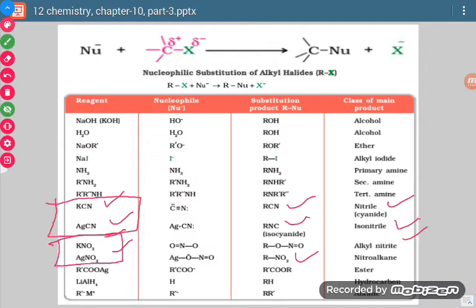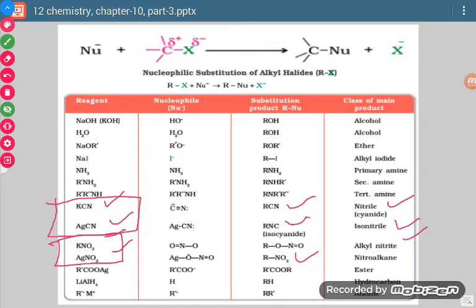We will say that out of KCN and AgCN, KCN is ionic in nature and AgCN is covalent in nature. So in the ionic KCN, we find that there is more electron density at the carbon of the cyanide group.